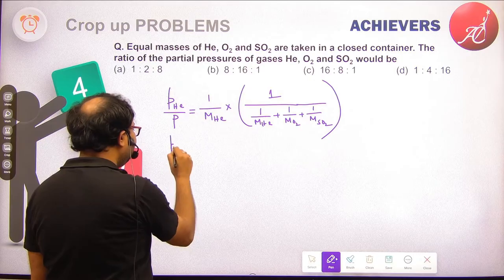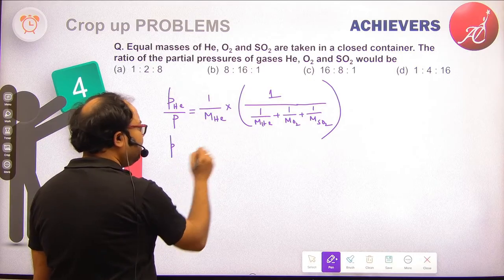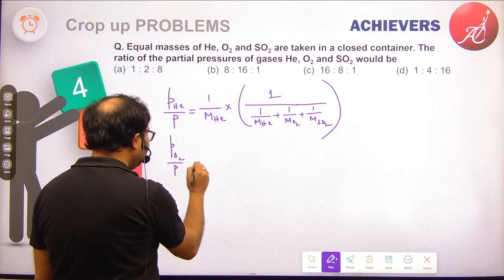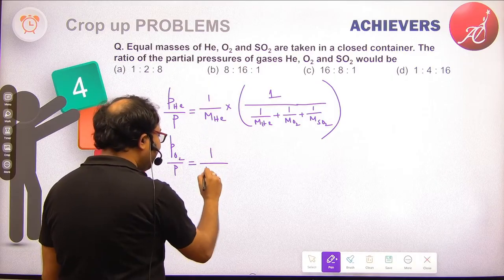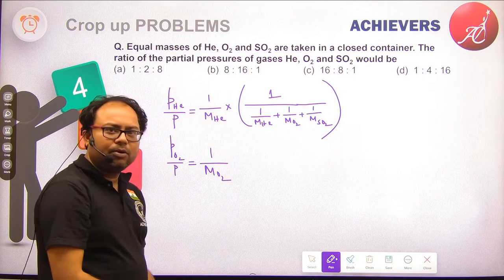Similarly, PO2 by P should be equal to 1 by molar mass of O2, just replace this by O2.